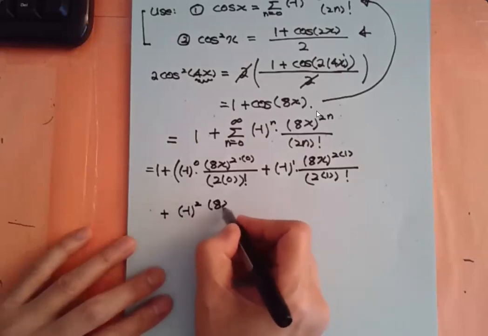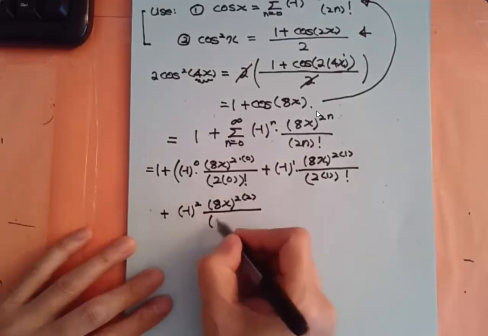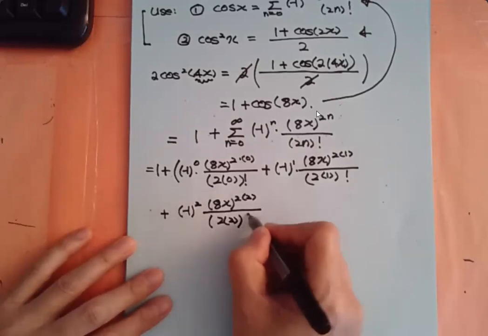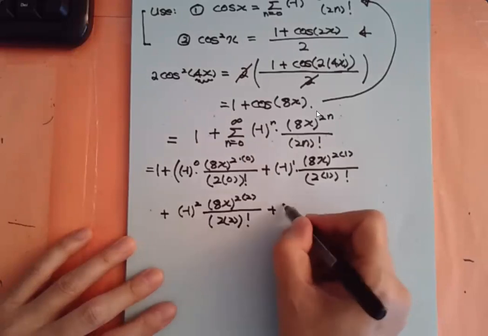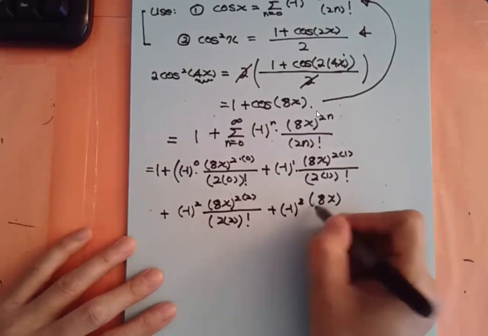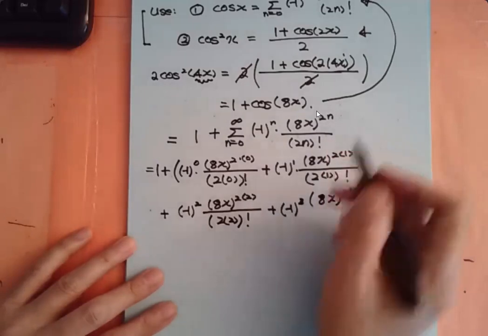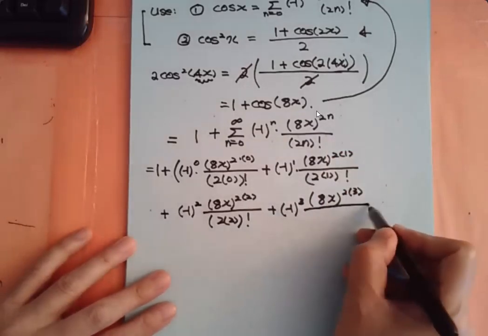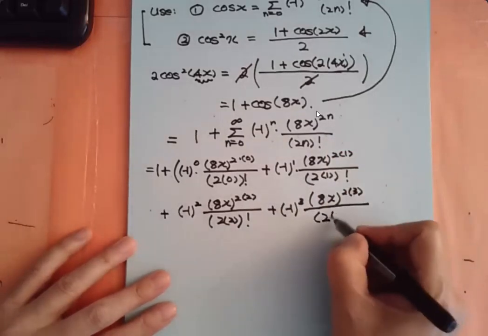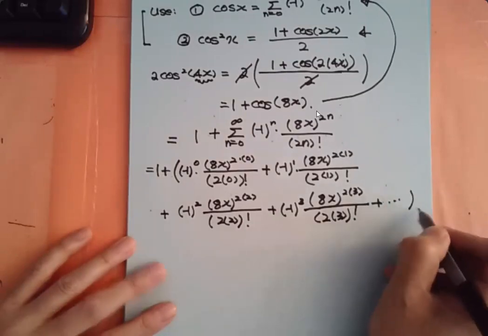So 8x to the 2 times 2 over 2 times 2 factorial plus negative 1 cubed 8x to the 2 times 3, because we are replacing n by 3, over 2 times 3 factorial plus and so on.